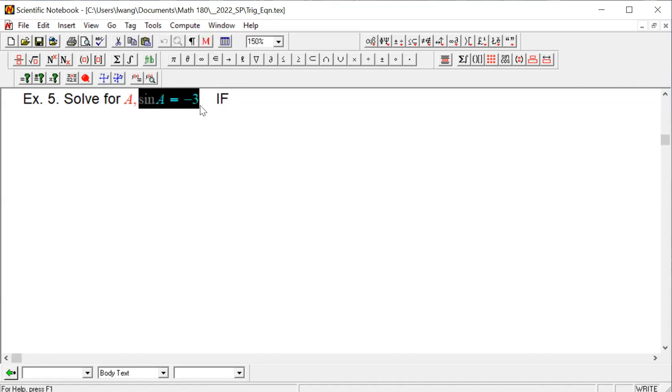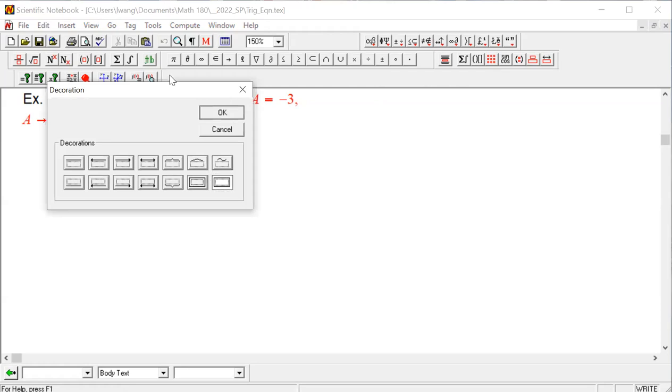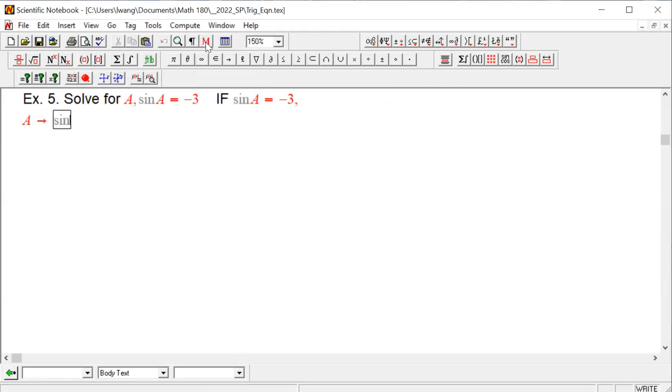If the sine ratio is -3, and we are to identify, Michael, okay, I hope you're not too tired. Okay, we know the output is -3, and we want to find all possible values for A.